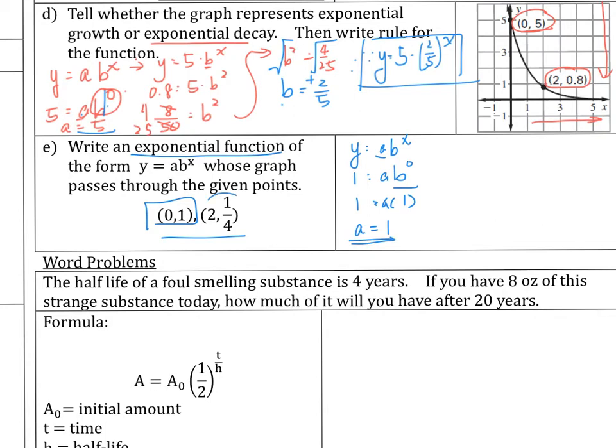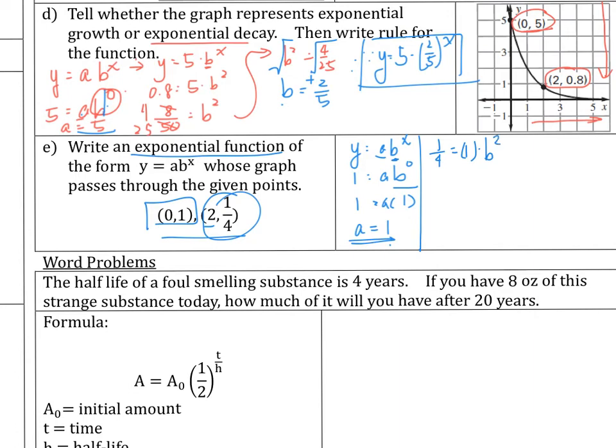Okay, I'm going to take the second point to find the value of b. So I'm going to substitute 1/4 in for y. I'm going to substitute 1 in for a. I'm going to substitute nothing in for b because I'm looking for b. And I'm going to substitute 2 in for x.